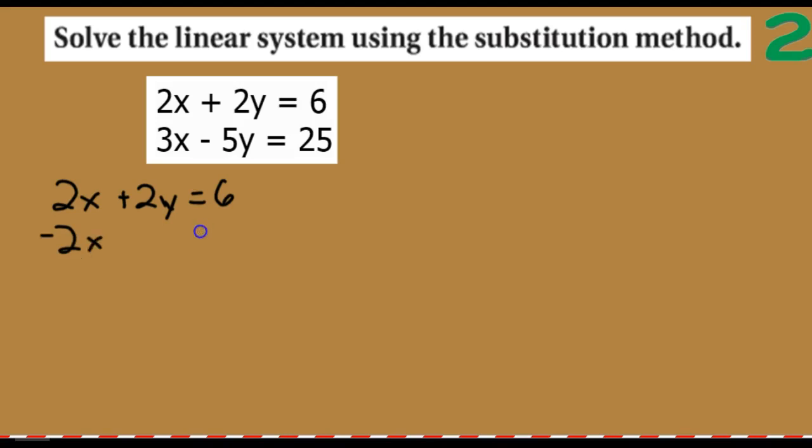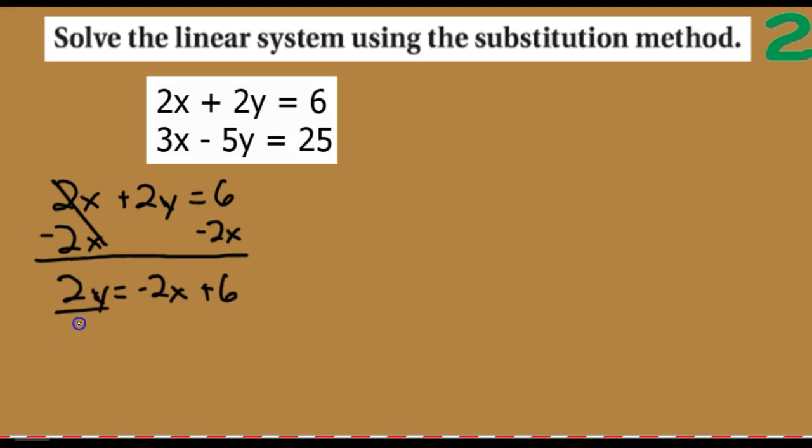Then subtract 2x from both sides. So we get 2y equals a negative 2x plus 6. Finally, to get y by itself, we divide by 2. And we get y equals a negative 1x plus 3.